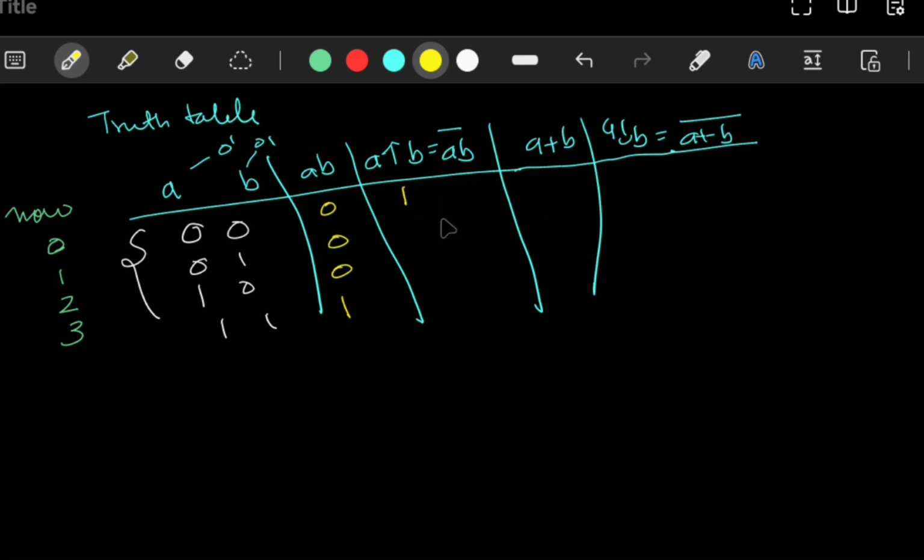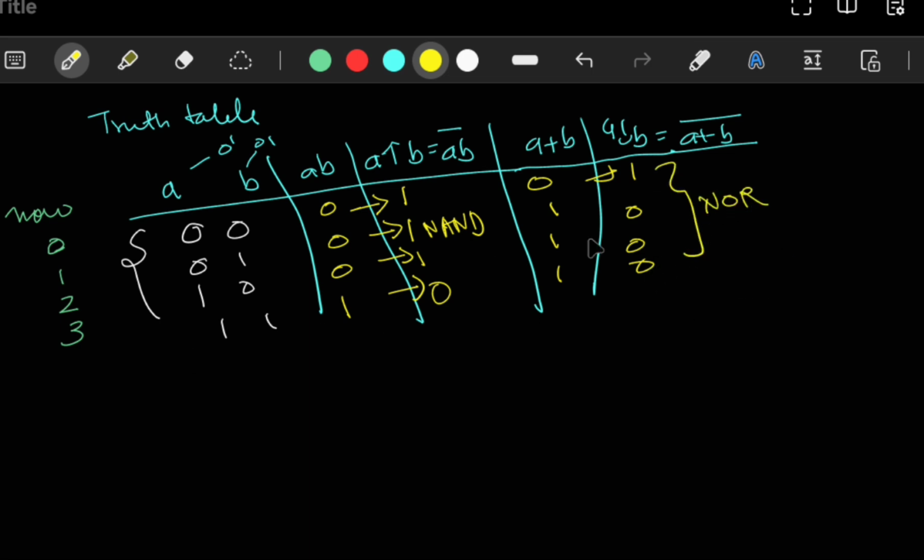So complement of 0, 1, 0, 1, 0, 1 and 1 is 0. So this is your NAND. This will be the truth table of OR. Complement will be 1, 0, 0, 0. So this will be your NOR. So this is very simple, right? This is the idea of NAND or NOR.